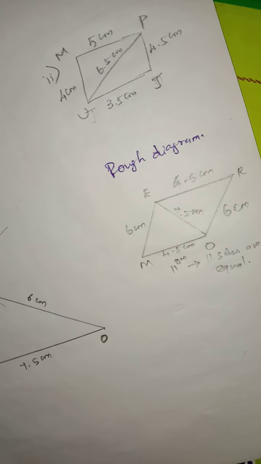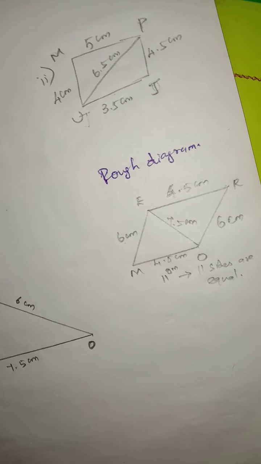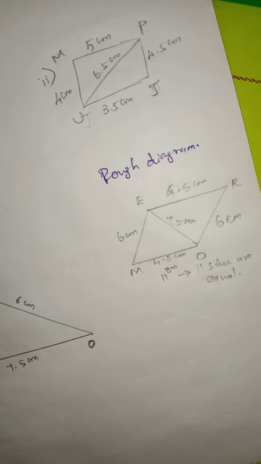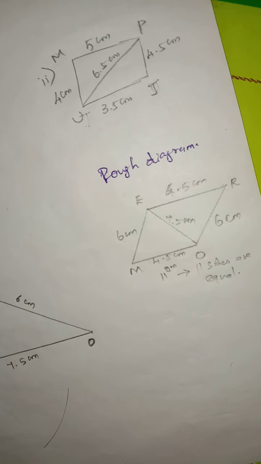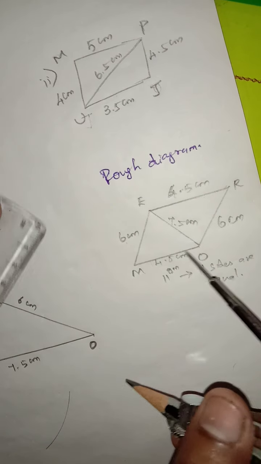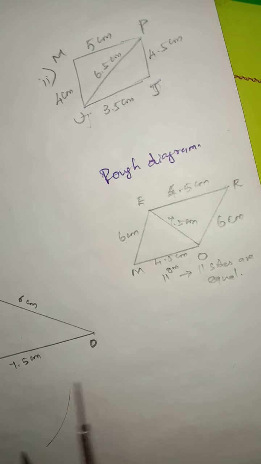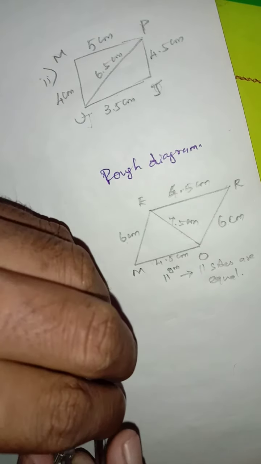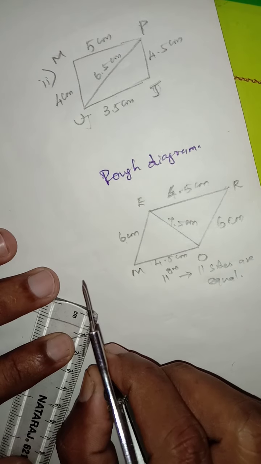So draw an arc of 6 centimeter keeping the compass on E, and keeping on O, draw an arc of 4.5 centimeter. So join this.